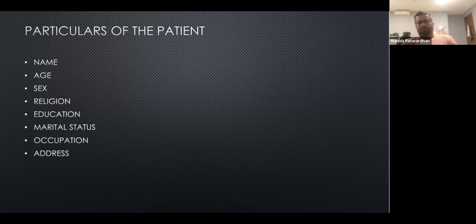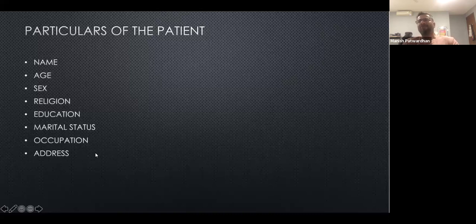The next part is address. Address is primarily so that you know where the person stays. It has very little bearing on the diseases, except for understanding if the person is staying in a climate which is not supportive of the health issues.